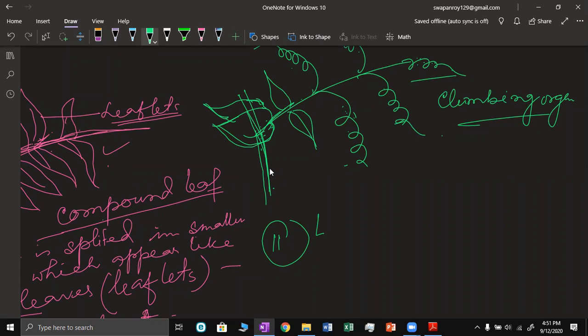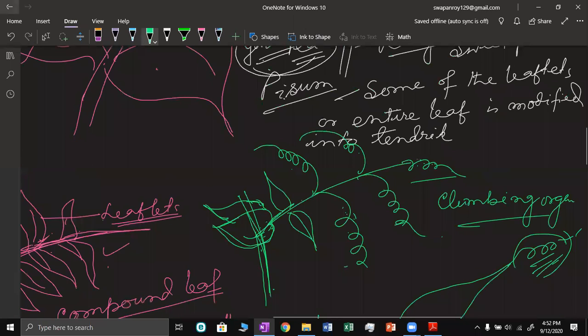In some plant species, the tip of the leaf, like in glory lily, is modified into tendrils. So we have learned tendrils. Tendrils are actually climbing organs, whether it is a stem modification or a leaf modification. Clear? Yes, sir. Okay.